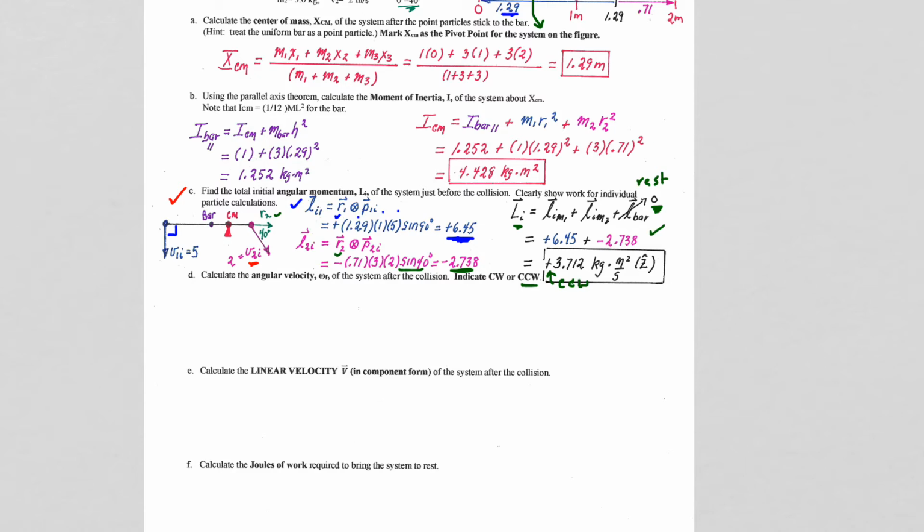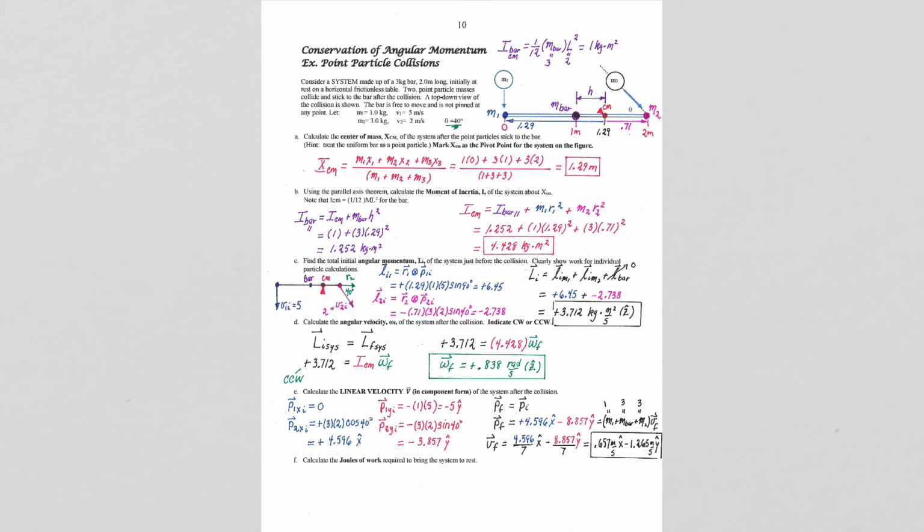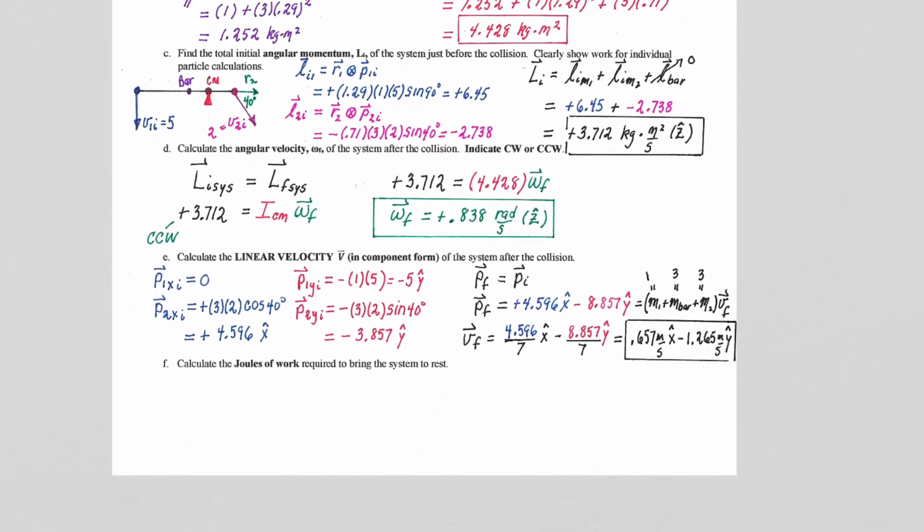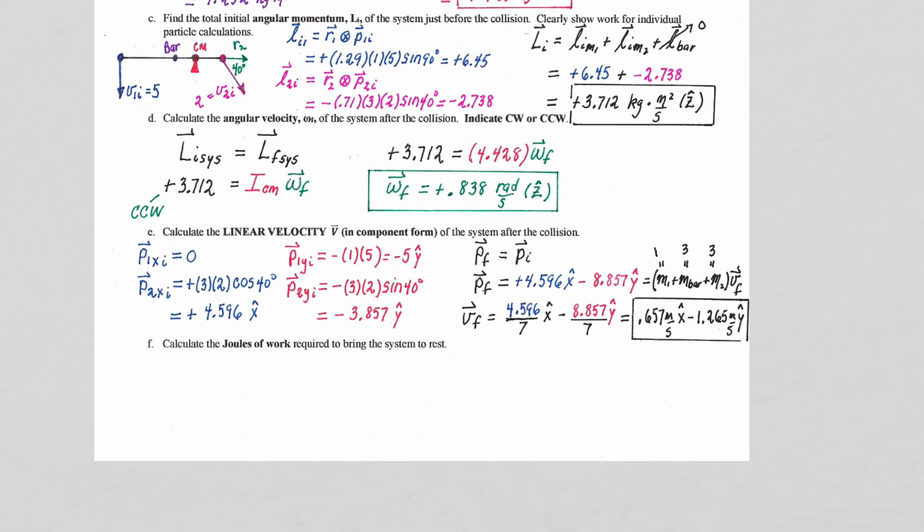I think the next two were short, so I have those both together. The initial angular momentum equals the final angular momentum. So we just calculated the initial angular momentum, right here. That's the initial angular momentum. The positive is counterclockwise. The final angular momentum of the system is I omega, because now we have a composite system.